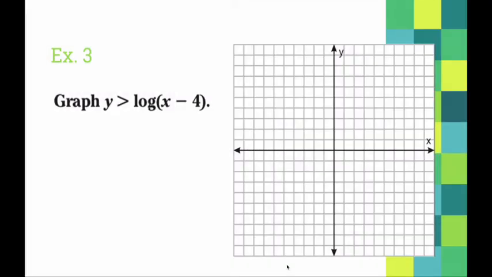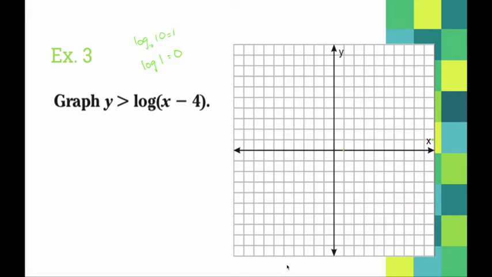All right, graph y is greater than log of x minus 4. So the parent function, y equals log of x. We know that log of 10 is 1. Log of 1 is equal to 0.